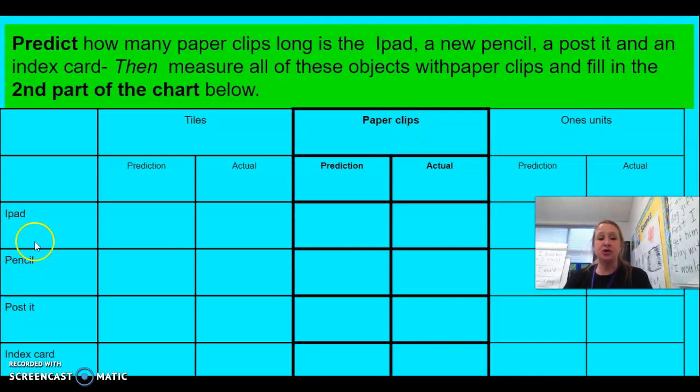And you're going to measure your iPad, your pencil, your Post-it, and your index card. You are going to need to predict how many paper clips first, then measure it. Predict, then measure. Predict, then measure. Predict, then measure. Got it?